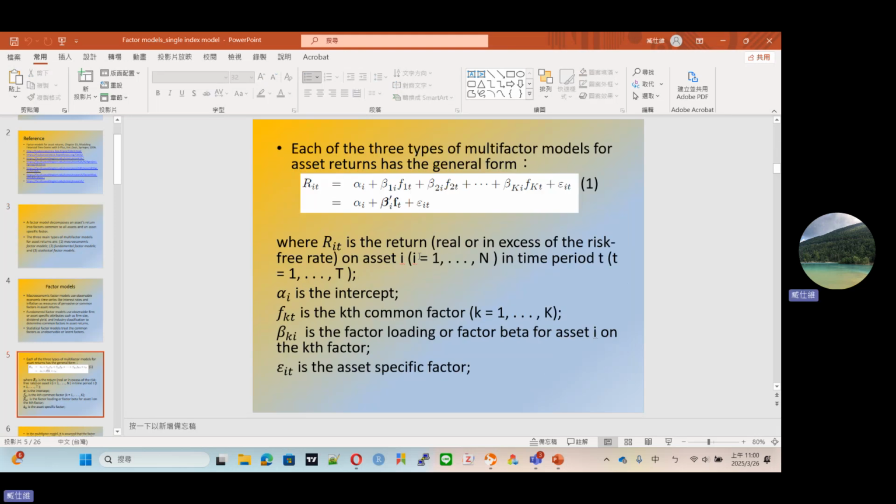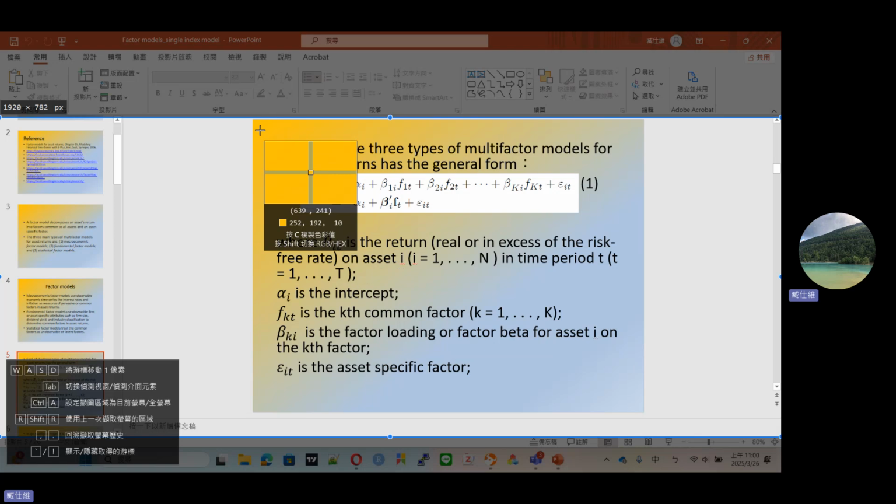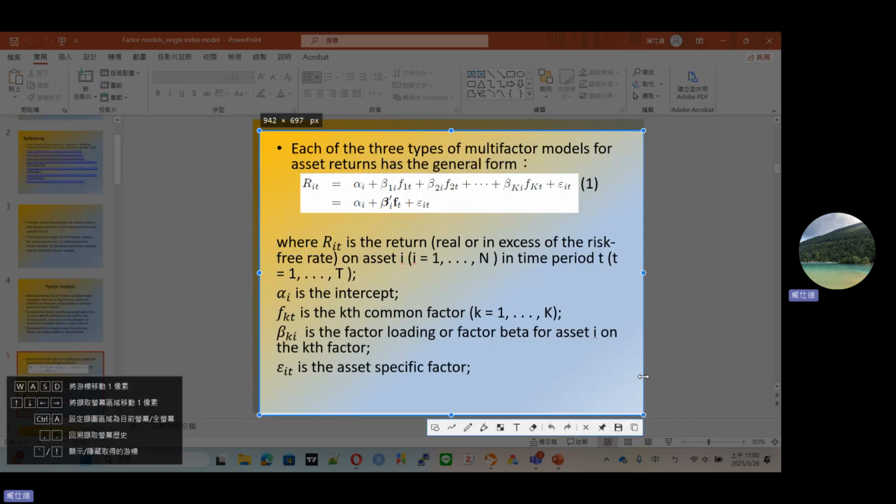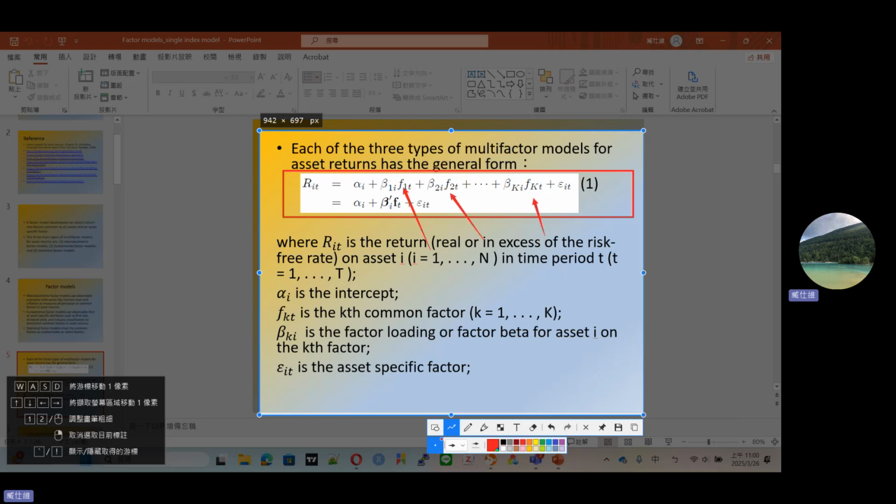So in the following, we will present a more general factor model in this way. Right now, we are not limited to just one factor. This is a more general formula. For example, this is factor number 1, this is factor number 2, this is factor number k.